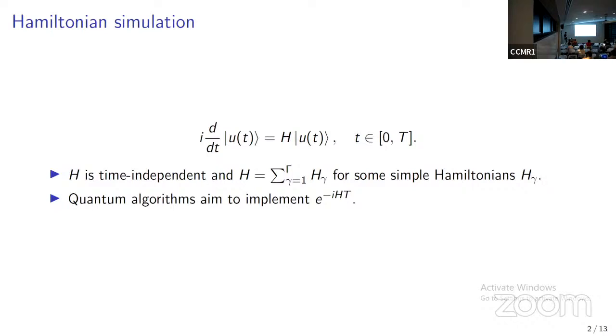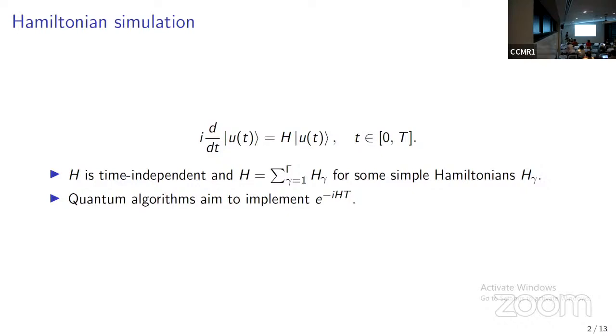In this talk, we will also assume the Hamiltonian can be written as the summation of many simple Hamiltonians. For example, those H_gamma are Pauli operators or some local Hamiltonians, for which we know how to compute the evolution operator exactly. The quantum algorithms are aiming at implementing this time evolution operator e to the negative iHt.